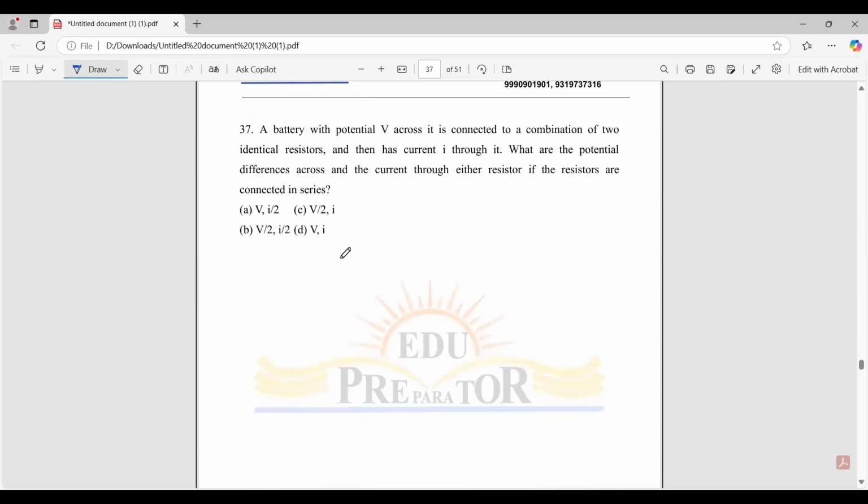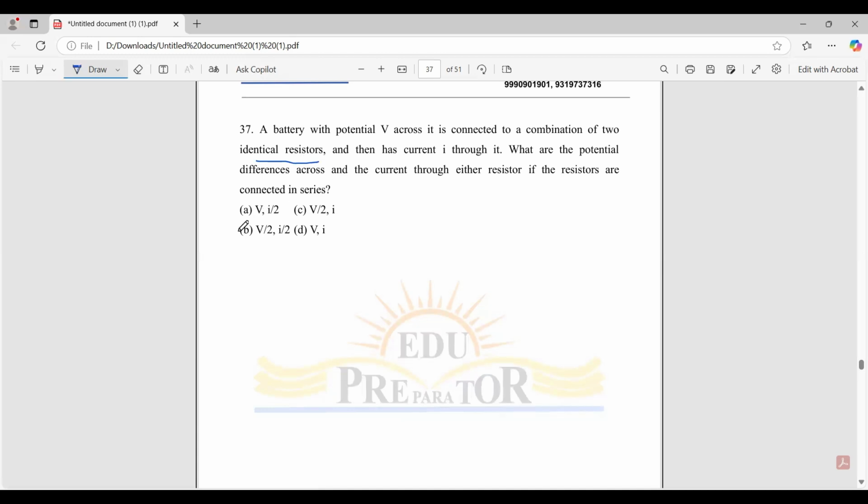Now that's question number 37. It says a battery is connected to a combination of resistors, right? The potential difference is to be calculated.